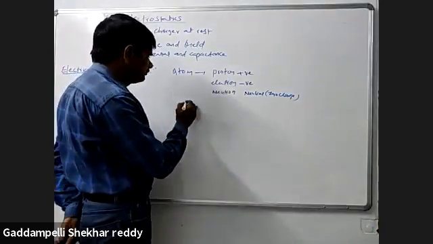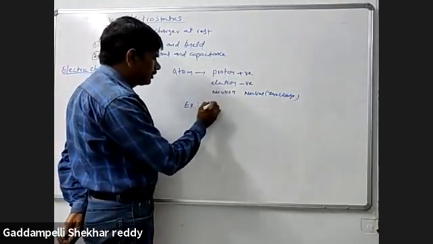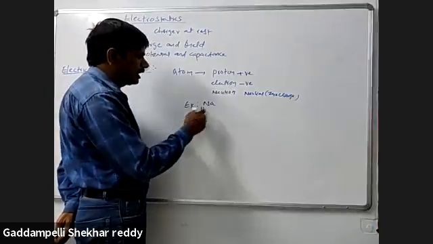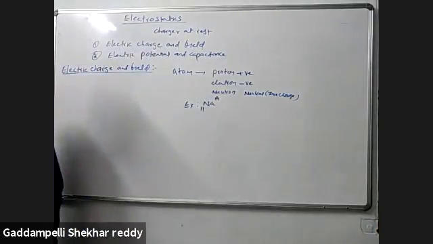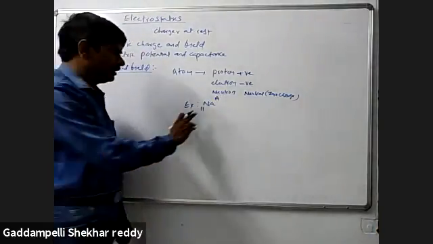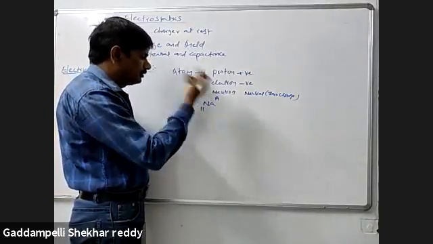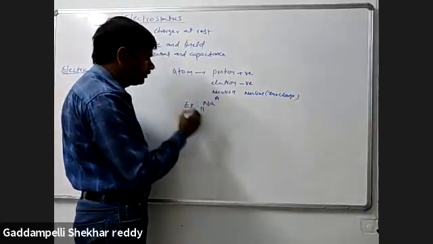For example, sodium is one of the atoms; the proton number is represented as 11 and the mass number as 23. Here 11 is the proton number, nothing but the atomic number, which is equal to the electron number. So sodium is a neutral object.